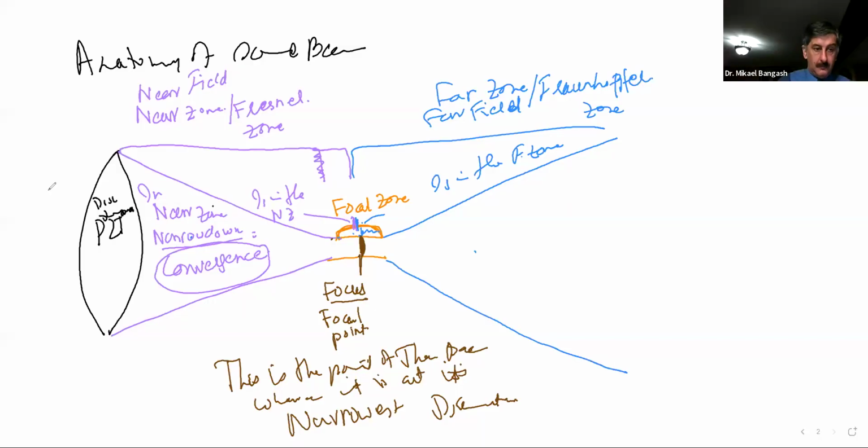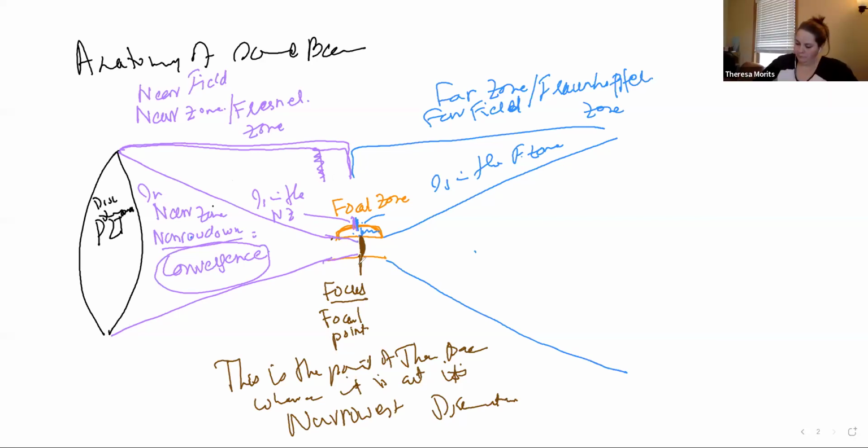So what was all this? All this here was your near zone. What happened in the near zone? The beam gradually narrows down, right? Did that make sense?